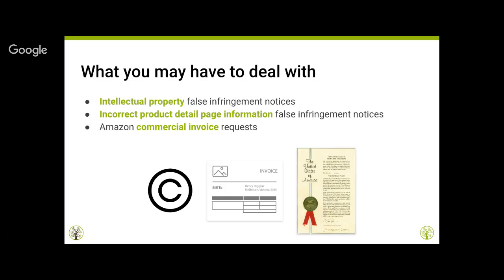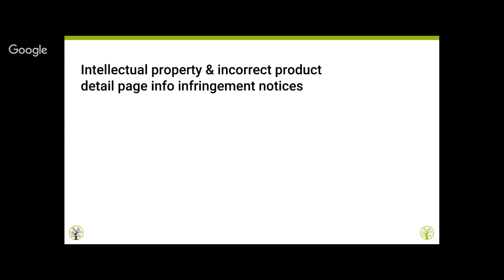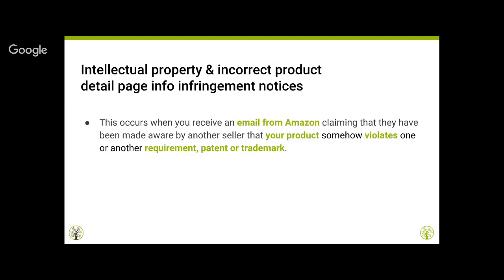Often this ties into the above, especially the second point with product detail pages. But this video is also going to show you how to create a commercial invoice and how that's different to a normal PI, pro forma invoice, you would get from your supplier.